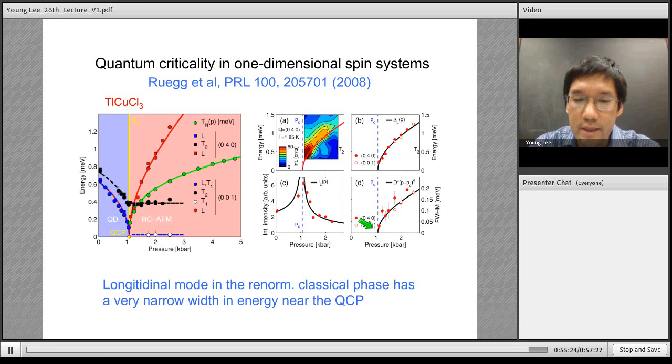A well-defined quasi-particle should have a very narrow width in energy to have a very long lifetime, and this does in fact seem to have a very long lifetime close to the quantum critical point. So this longitudinal mode in the renormalized classical phase has a very narrow width in energy, and it looks like that's a well-defined quasi-particle, which is an interesting observation.